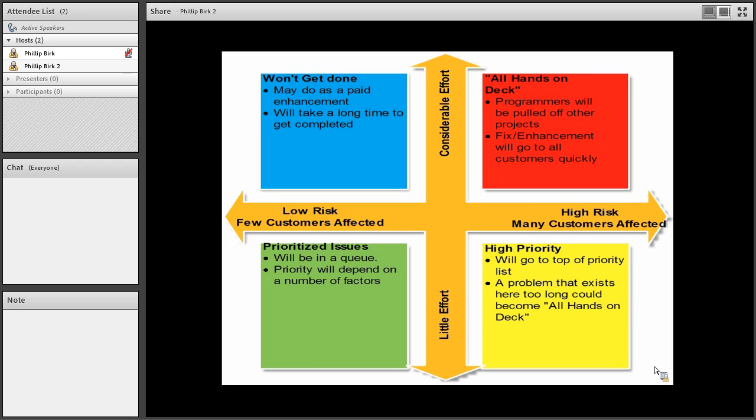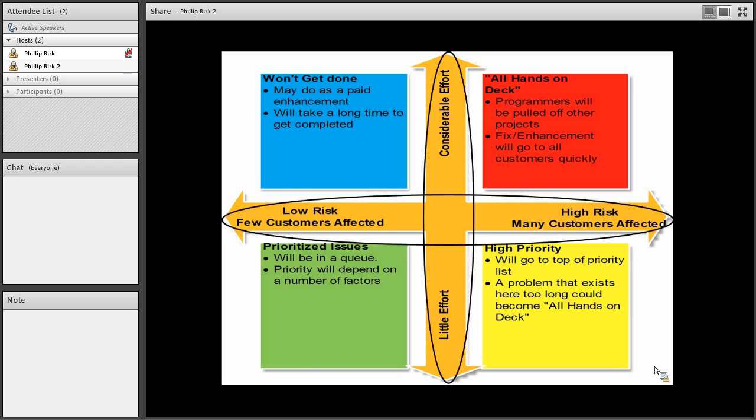So they're going to look at one that's going to take a lot of work, that has a lot of risk, that they'll pull programmers off of other projects, and this will be the enhancement, the fix will go out to customers quickly, as opposed to a prioritized issue, which will get in the queue and maybe nothing will ever happen to it because it might not take much effort, but it doesn't affect a lot of customers or it's low risk.